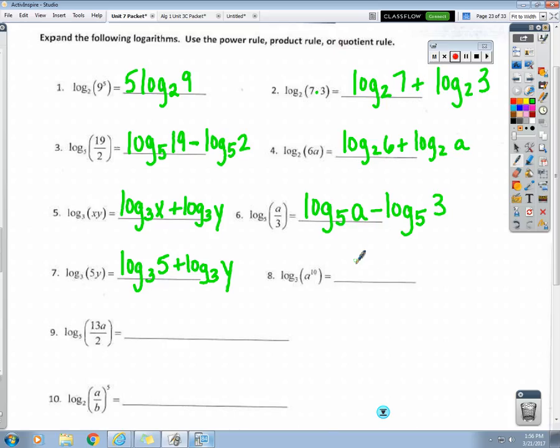You bring the 10, of A. All you do is bring the power down to the front. So it'll be 10 log base 3 of A.